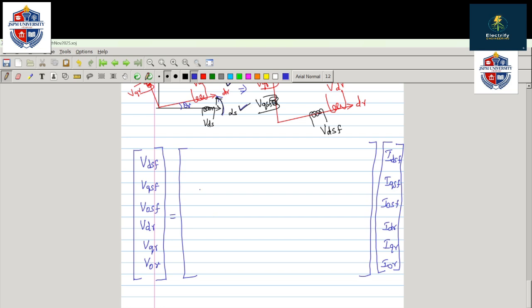We have 4 windings, and additionally we have the zero sequence component as well.